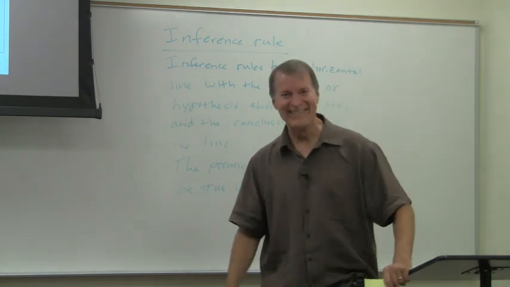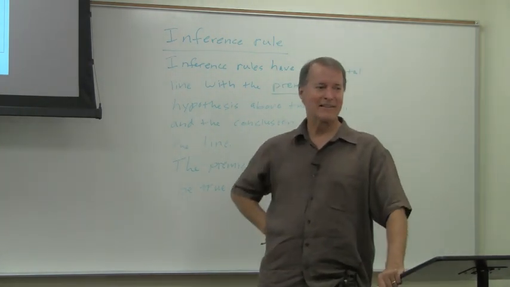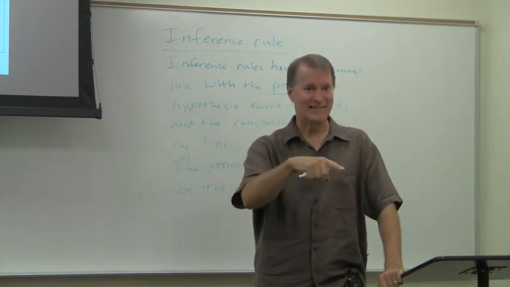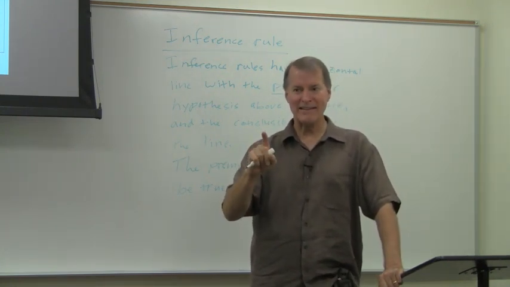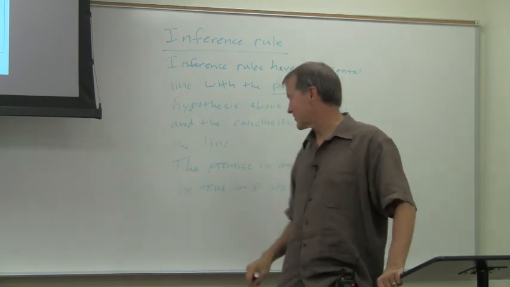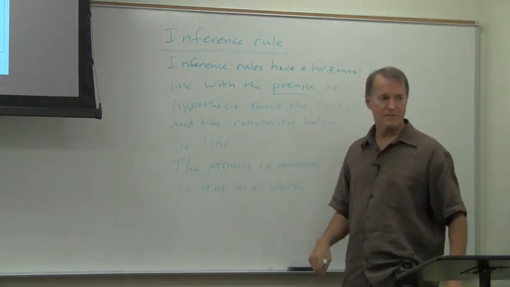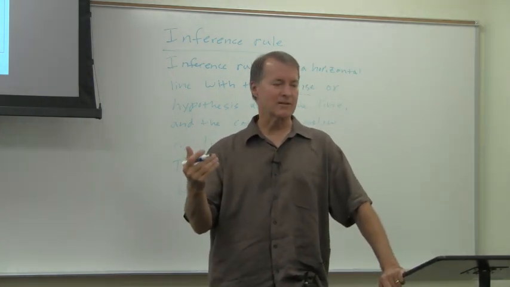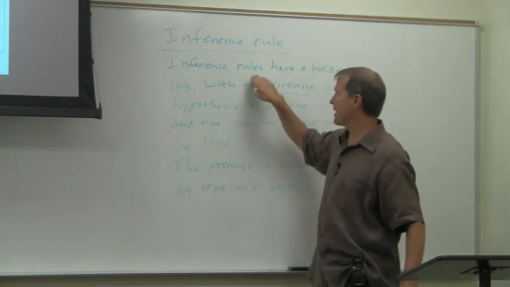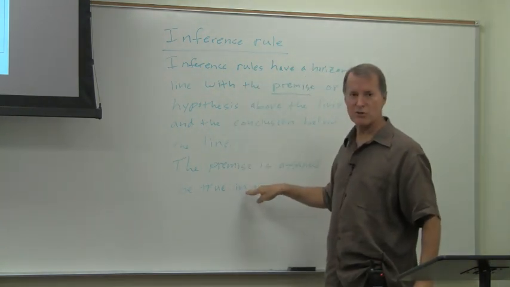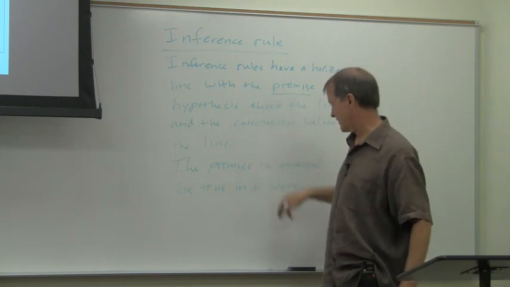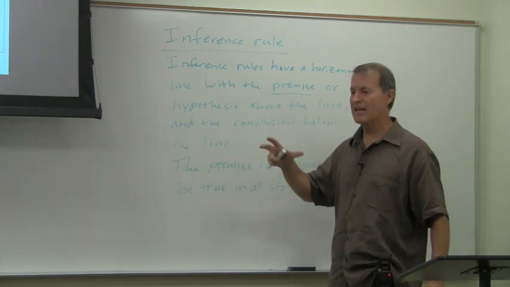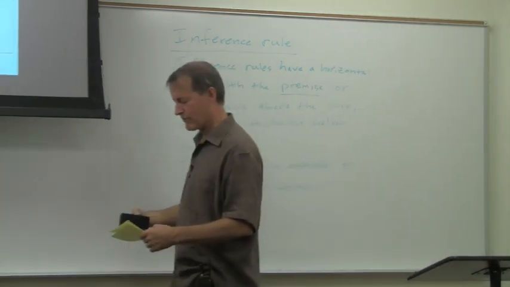A state is the list of variables and their values, okay? Some expressions are true sometimes. But the main thing about this inference rule is that the premise is assumed to be true in all states. If this premise is true, and you assume that it's true in all states, then the conclusion follows from that. So let's give a few examples.